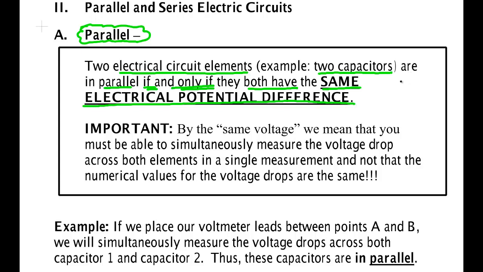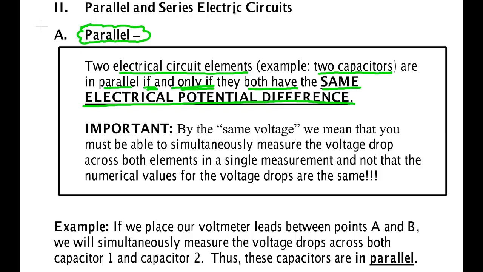Now let me discuss very quickly the difference between same and equivalent. Equivalent means you get the same numerical value, for instance 3 volts. That's not the same thing as having the exact same. Same means that when you measure the voltage across one element, you simultaneously have measured the exact same voltage across the other.